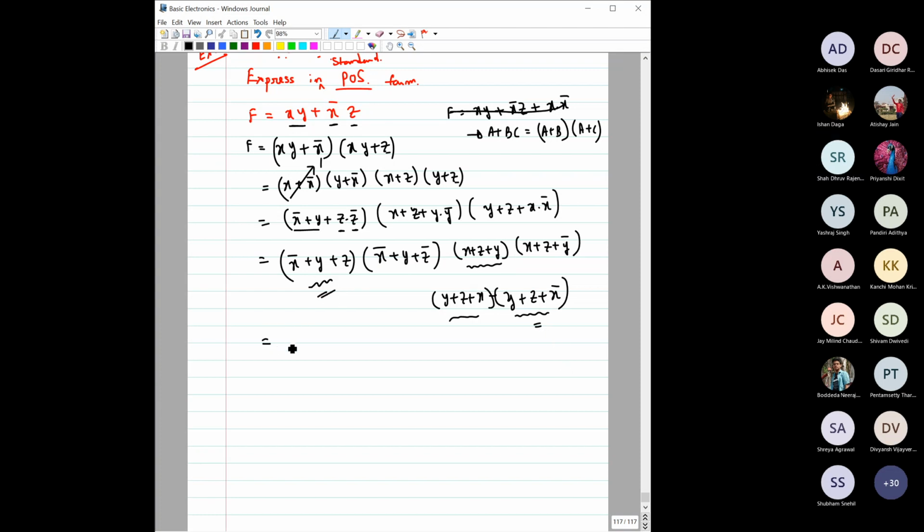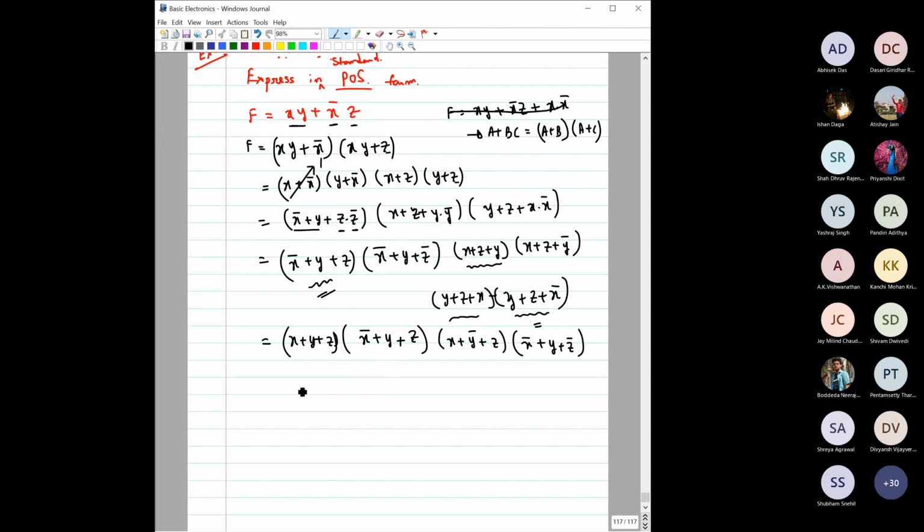So what we can write from here: x plus y plus z, then this x bar y z term, and then x y bar z, and here x bar y z bar. Could you please check, have I done everything correctly?